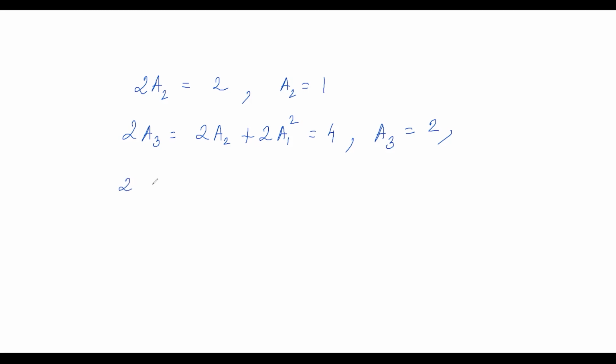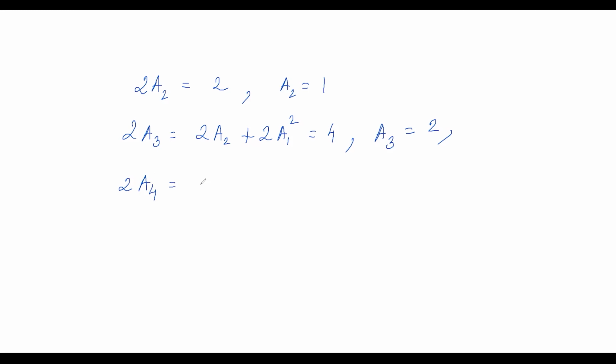So 2a2 will be equal to 2, and a2 equals 1. Similarly 2a3 will be 2a2 plus 2a1 square, which is equal to 4, and a3 equals 2. I'm not doing a detailed version of these calculations, because you have the relation, you just have to plug in the numbers.